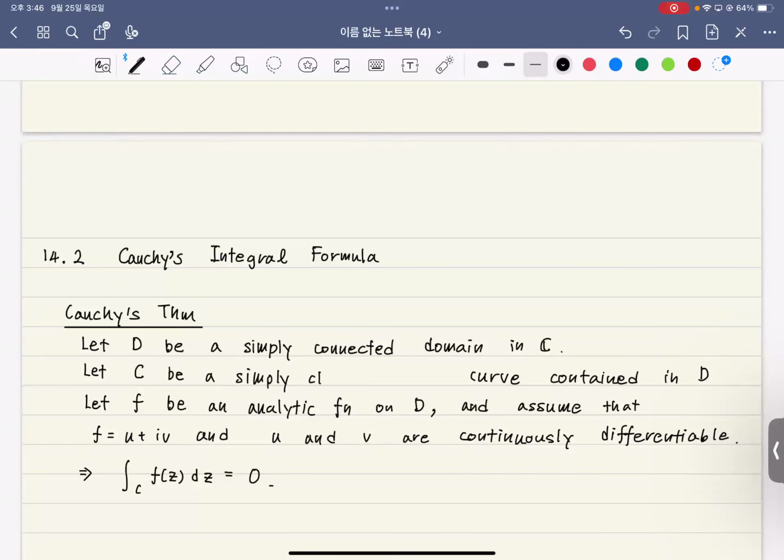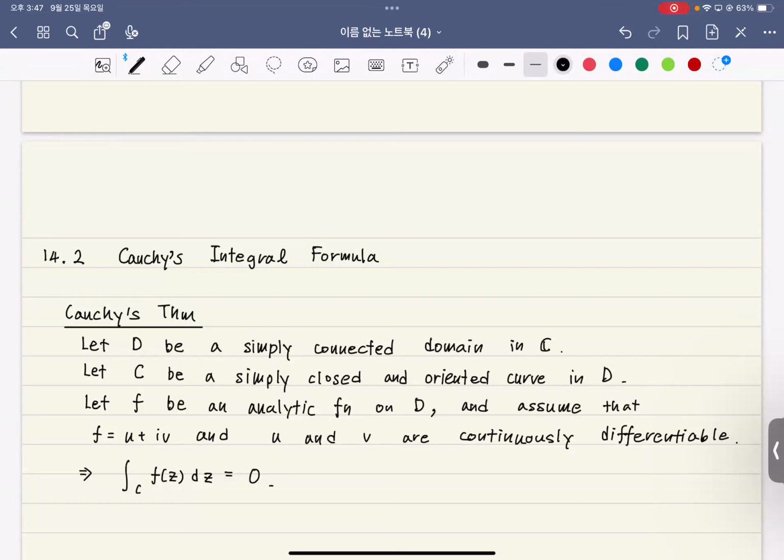Simply closed and oriented. Okay, sorry about that, I just missed one more condition. Do you know what I mean by simply closed? A closed curve is simply closed if it doesn't have any self-intersection. So if your curve does not intersect itself, then we say that it's simply closed. Under these hypotheses, the integral is always equal to zero.